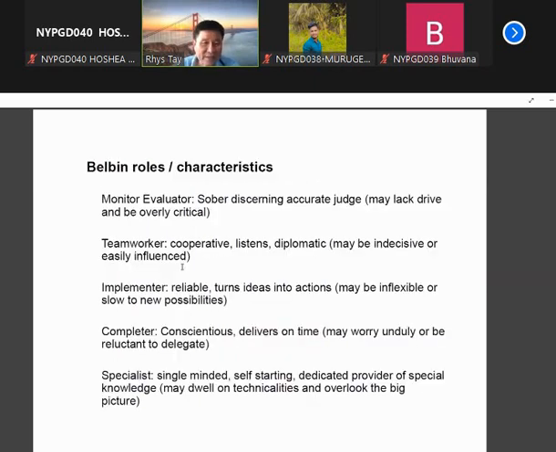What is the characteristic of Belbin is all here. Belbin roles are monitor evaluator, team worker, implementer, completer finisher. All these are assignments given in the construction industry, right? As a team worker, what should you do?